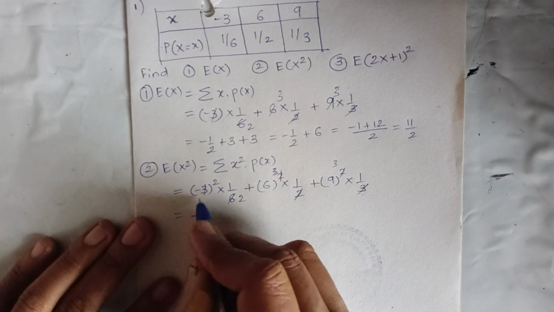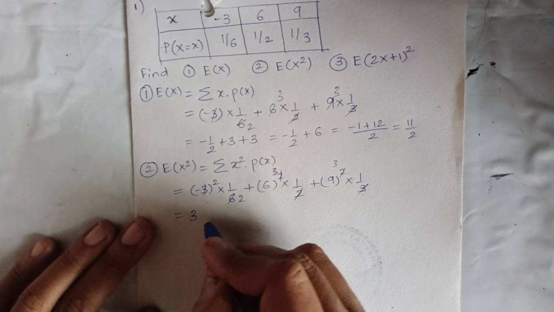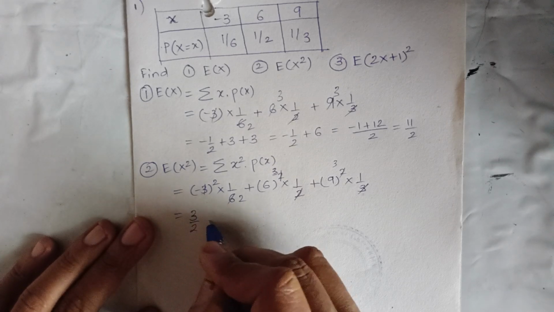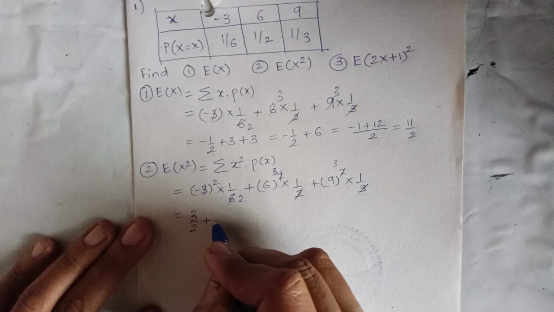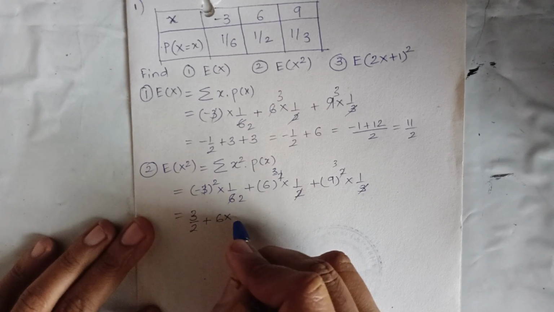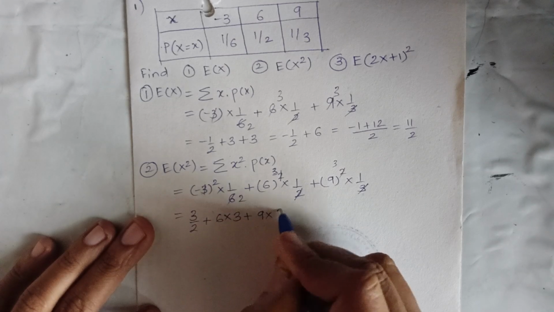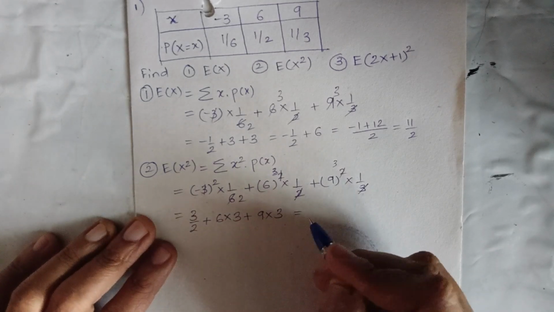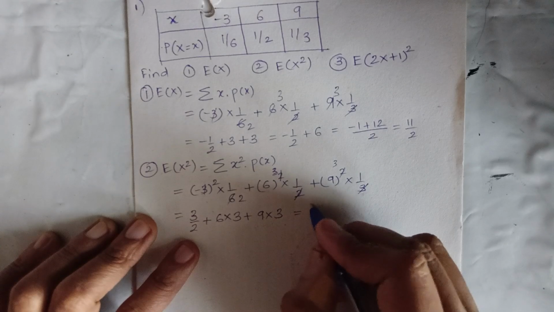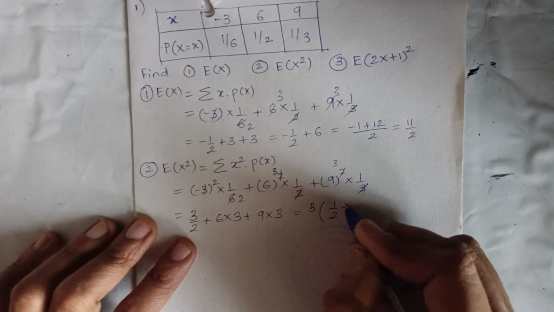So this will be minus 3 into minus 1, so 3 by 2. You can take 3 common.